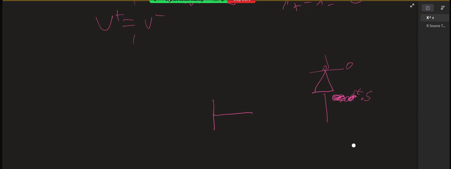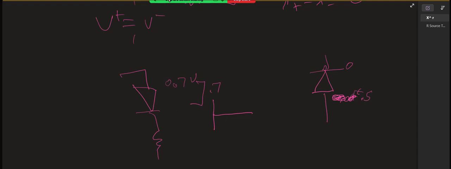But if it is conducting, so if I have a diode and current is going through it, then I know that this side is 0.7 volts higher than this side. 0.7 volts. That's for a regular diode.